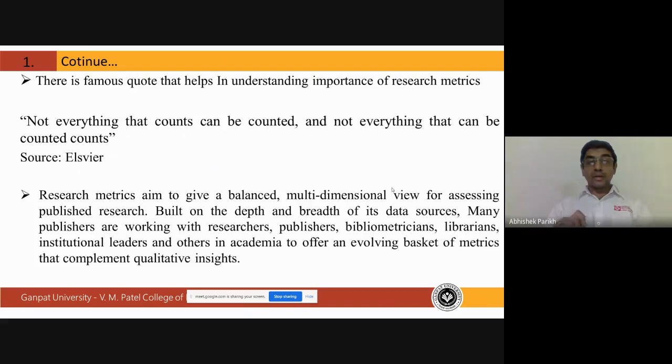Built on the depth and breadth of its data sources, many publishers are working not only with researchers but with other stakeholders of research, and they even involve industrialists to evolve the basket of different metrics which try to give qualitative insights into research publications.